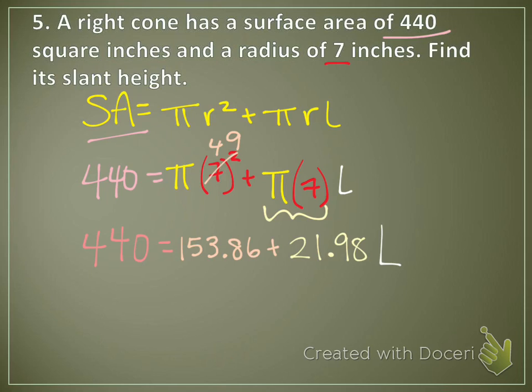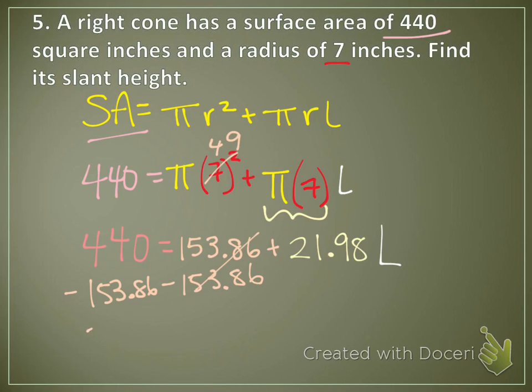So like we said, can we combine a number and a letter? We cannot. So what is my next step? Subtract the 153.86.